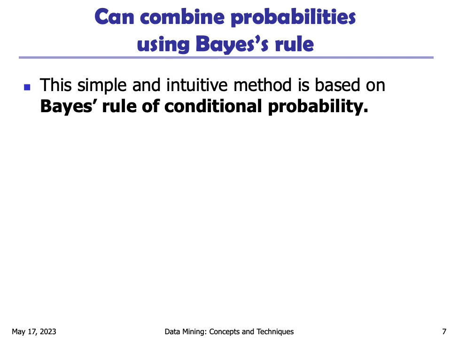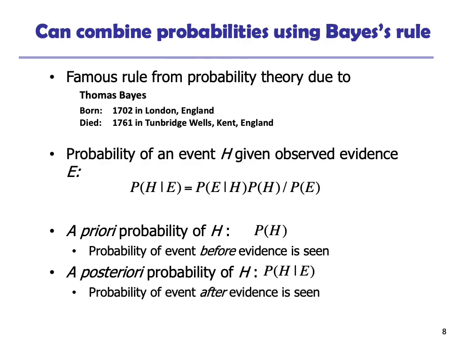So what we just introduced is based on something called the Bayes rule of conditional probability. This is basically what the Bayes rule looks like. In probability, if I ask the probability of H given E, H we call a hypothesis, and E is an event.